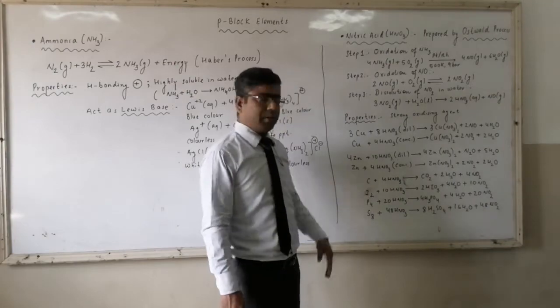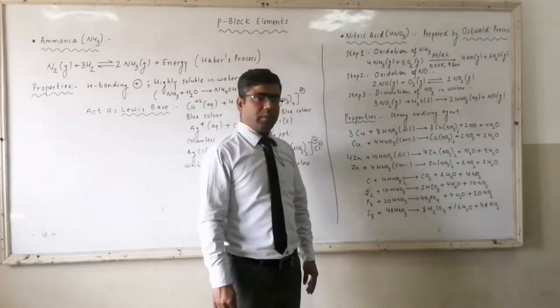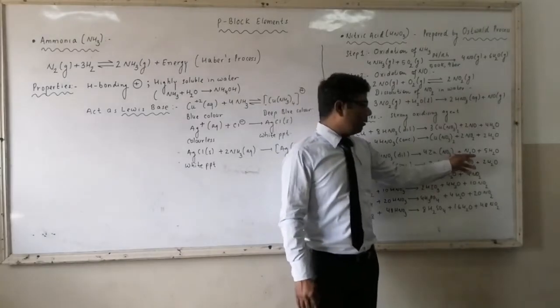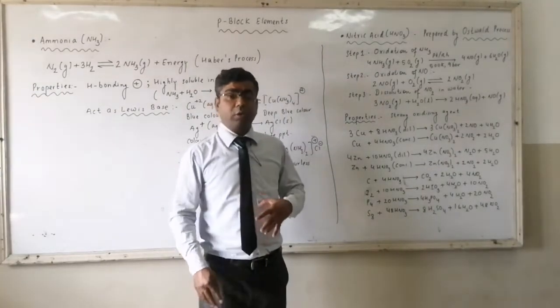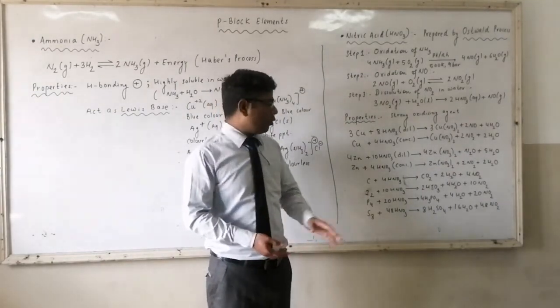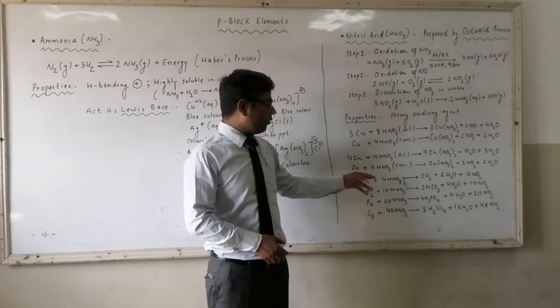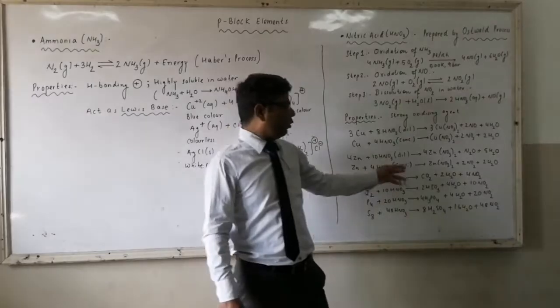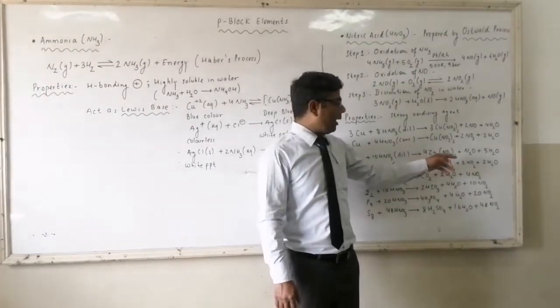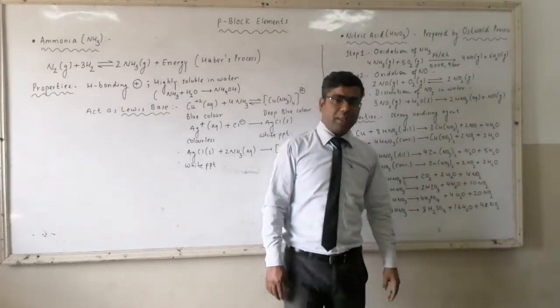If zinc is used in dilute condition, we will obtain nitrous oxide N2O, which is also called laughing gas. So in dilute condition, 4 moles of zinc react with 10 moles of HNO3, giving you 4 moles of zinc nitrate, N2O and 5 molecules of H2O.